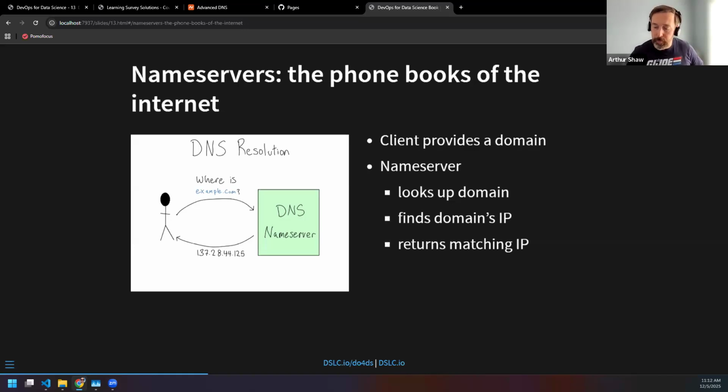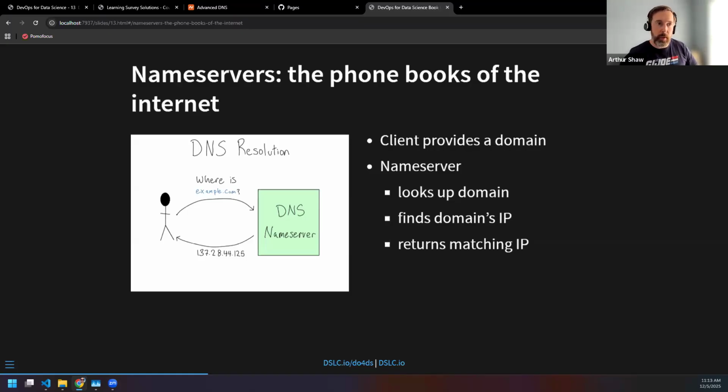As I understand it, it will attempt to look up what, at the end of the day, you need, which is an IP address. So it'll take the domain name that you've given, and then try to find the IP address. But I think the way name servers actually work is there's a collection of name servers, and so you'll contact your name server. You're asking it, what's the IP address for example.com? If it has it in its dictionary of domains and IP addresses, it'll give it to you.